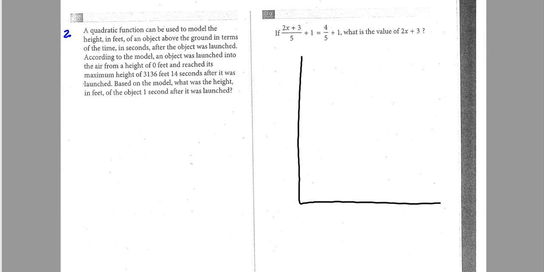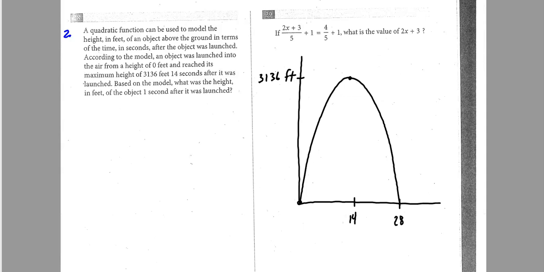It said it was launched from the ground, so from 0 feet, and it reached its max at 3136 feet, 14 seconds after it was launched. So right about there, which tells me then at 28 seconds, because it's symmetrical, it's going to hit the ground. So this thing went up, then came back down.